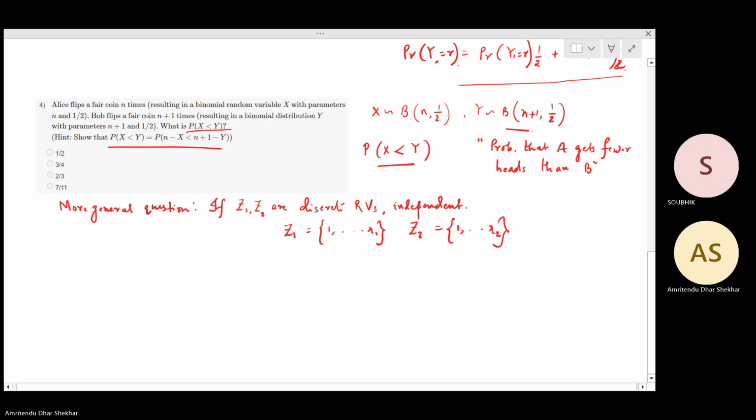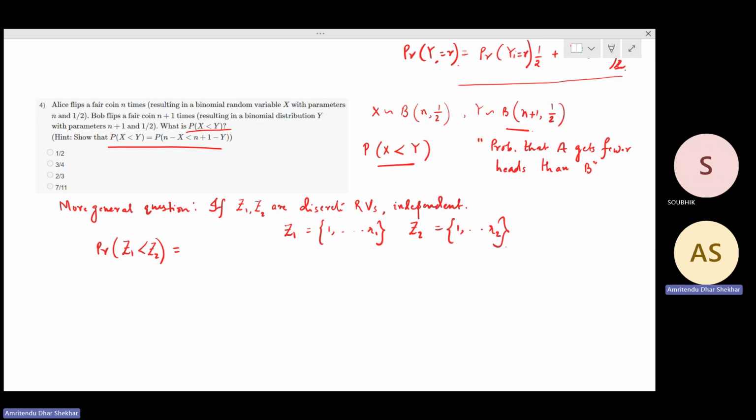What is the probability that Z1 is smaller than Z2? Z1 and Z2 are two independent random variables, so they take their values independently of each other.